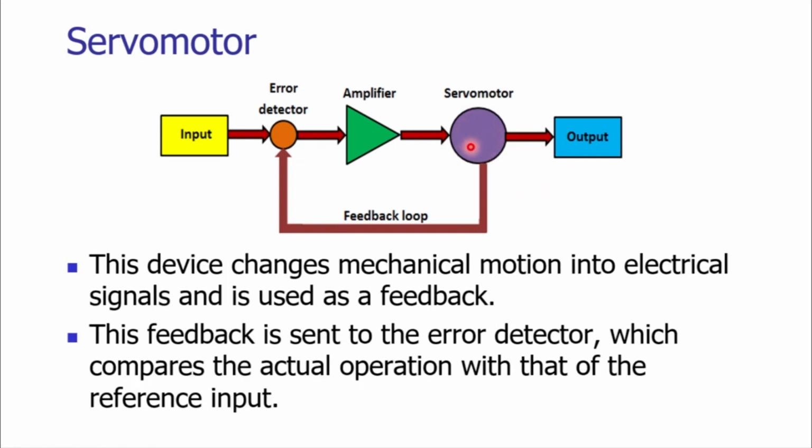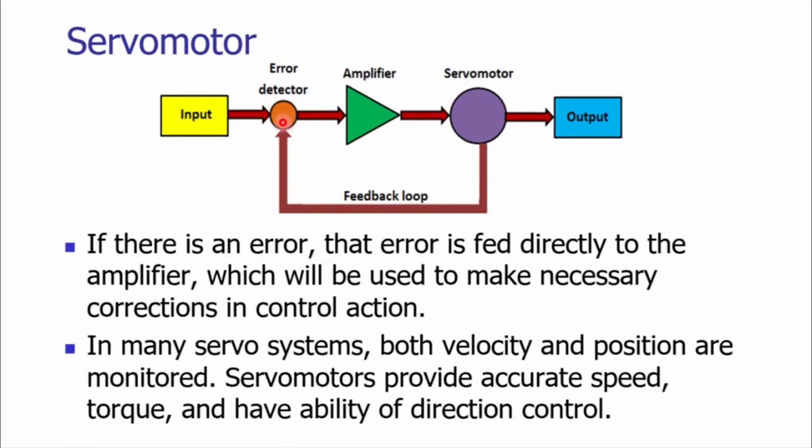The device, as usual, provides the mechanical motion, and there is an error detector which compares the actual operation values with the reference input or the standard values. If there is an error, that error would be corrected in consultation with the microprocessor.